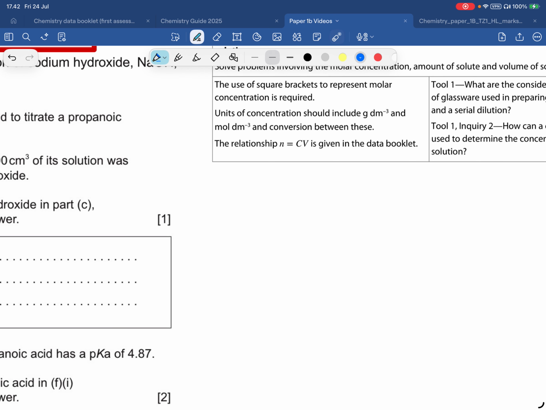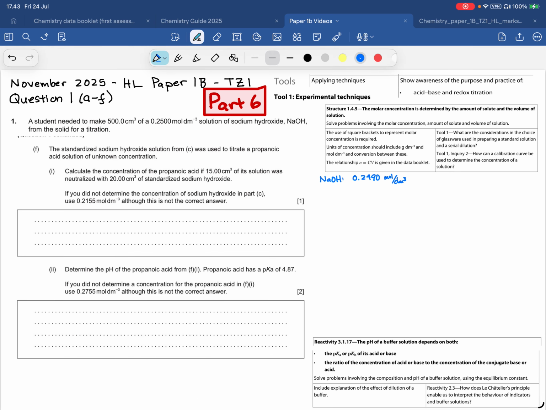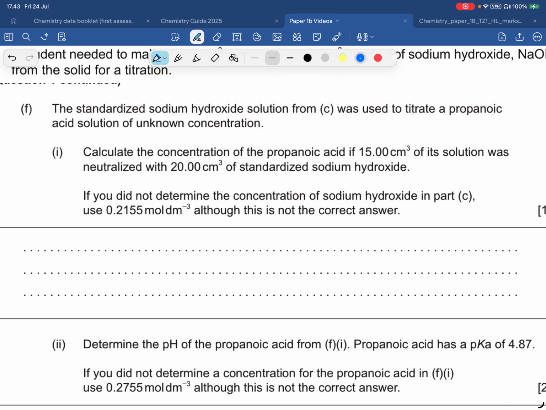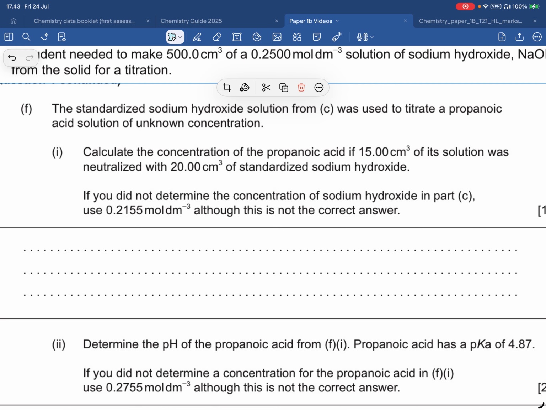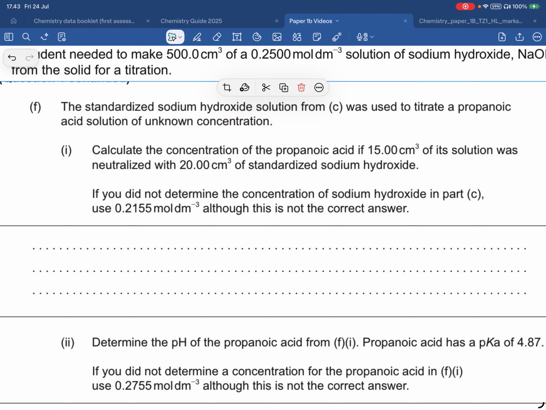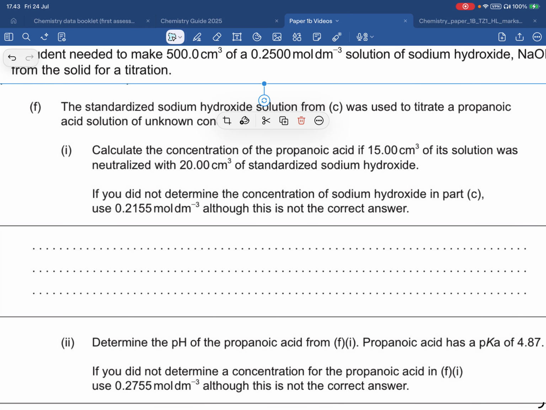So my sodium hydroxide, I've got 0.2490 moles per decimeter cubed is the concentration. And I know from the question itself that I am using 20 centimeters cubed of the sodium hydroxide.